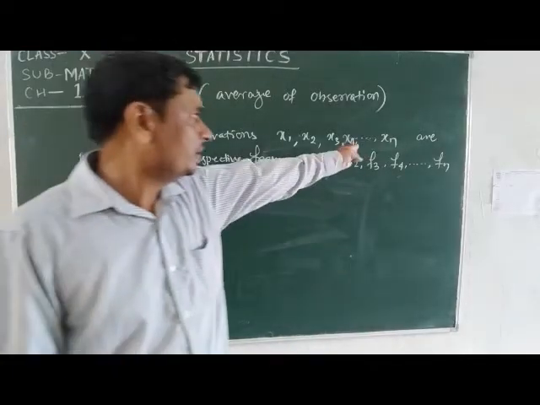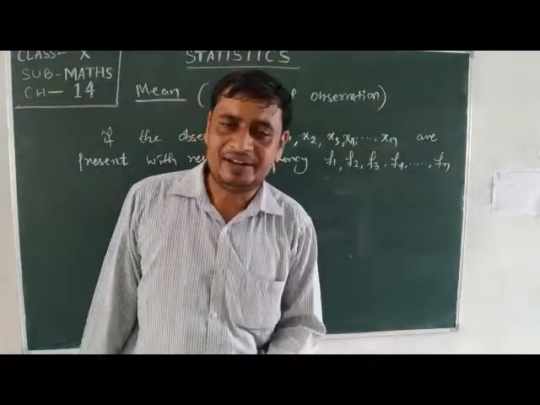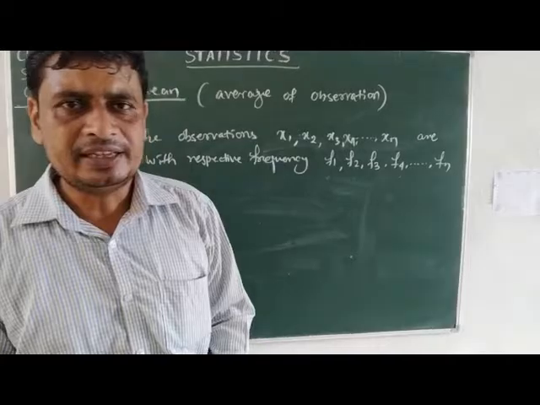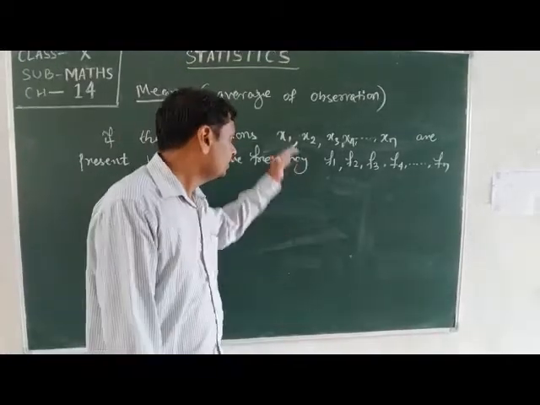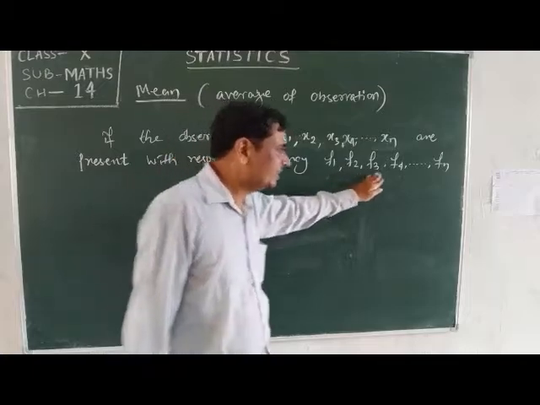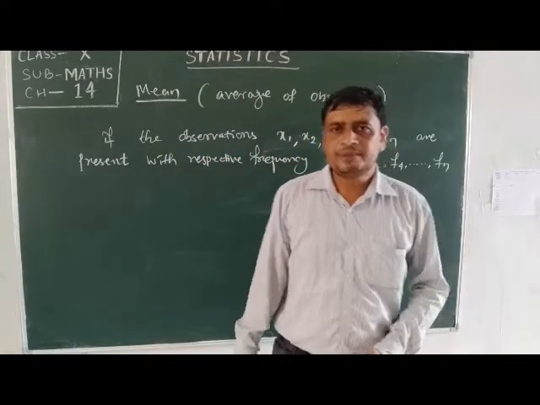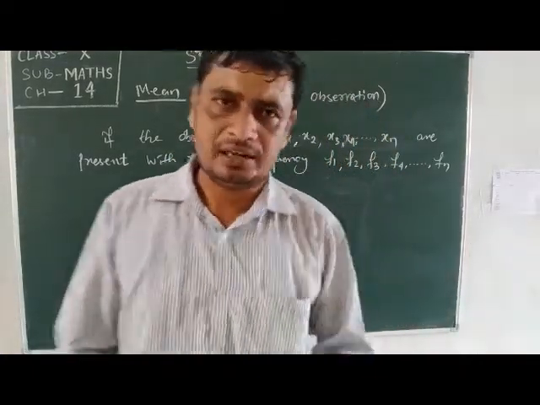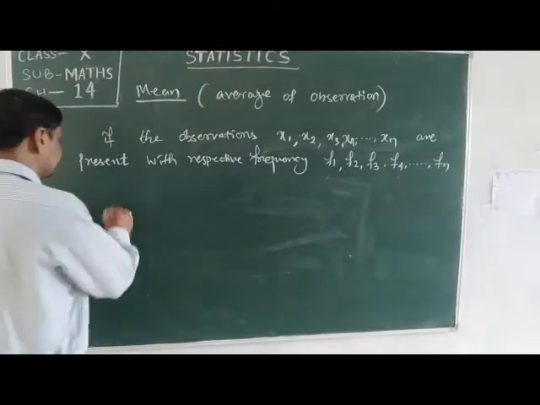In this way, xn present fn times. If in our data, these are the observations present respectively with these frequencies, then we can find the mean of the given data as follows.